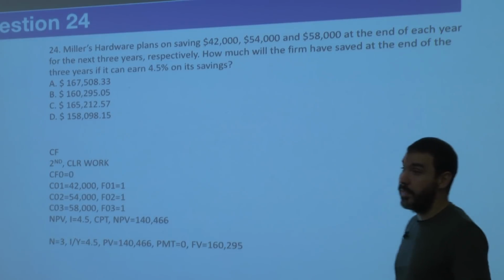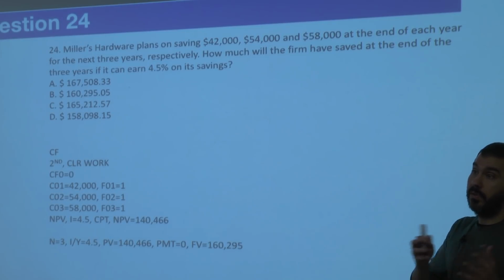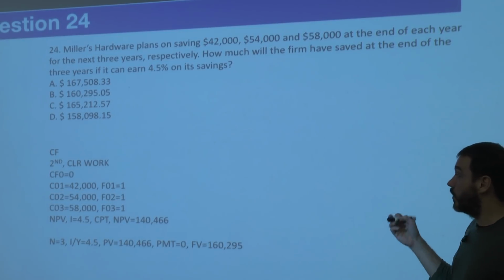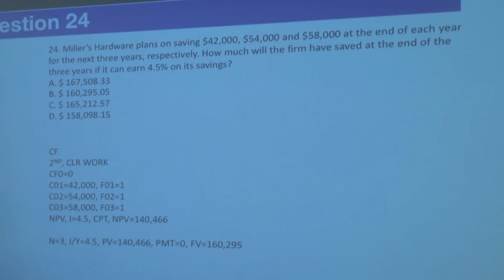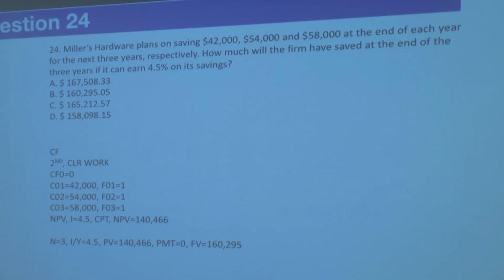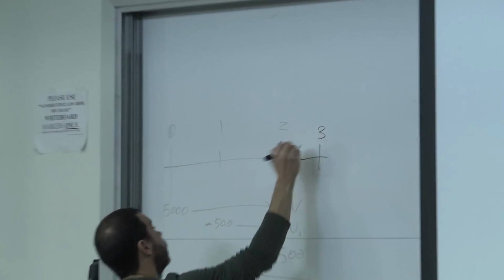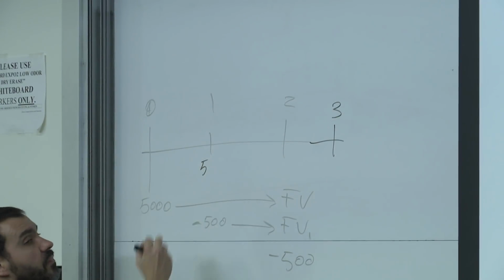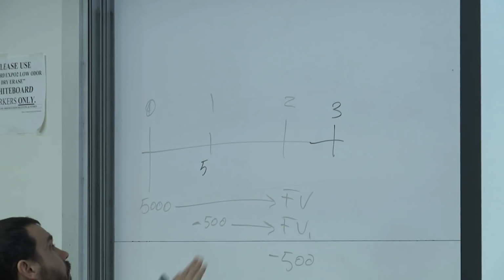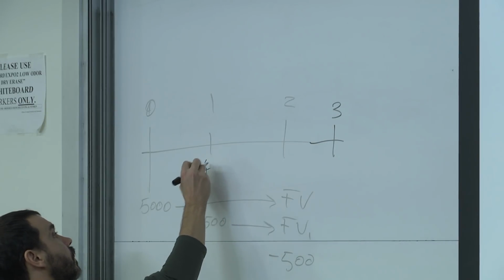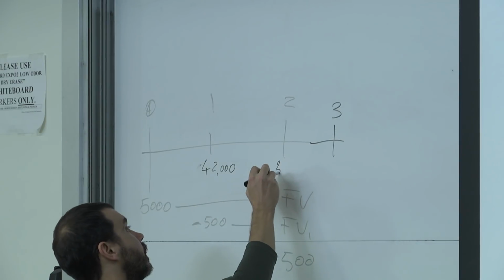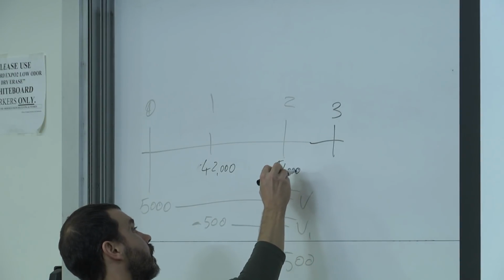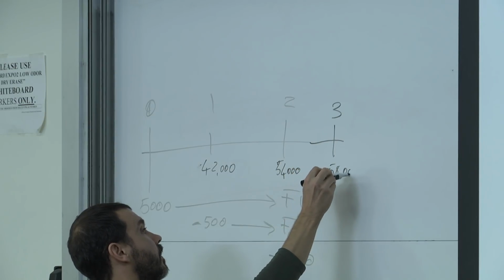You can always just discount or compound interest for each cash flow and sum them up. In this case, you had 3 cash flows happening at times 1, 2, and 3: 42, 54, and 58.